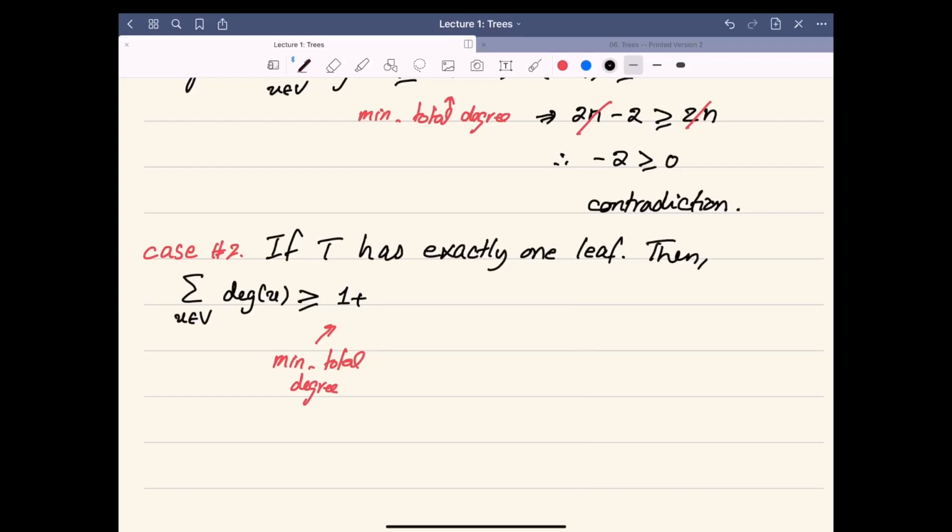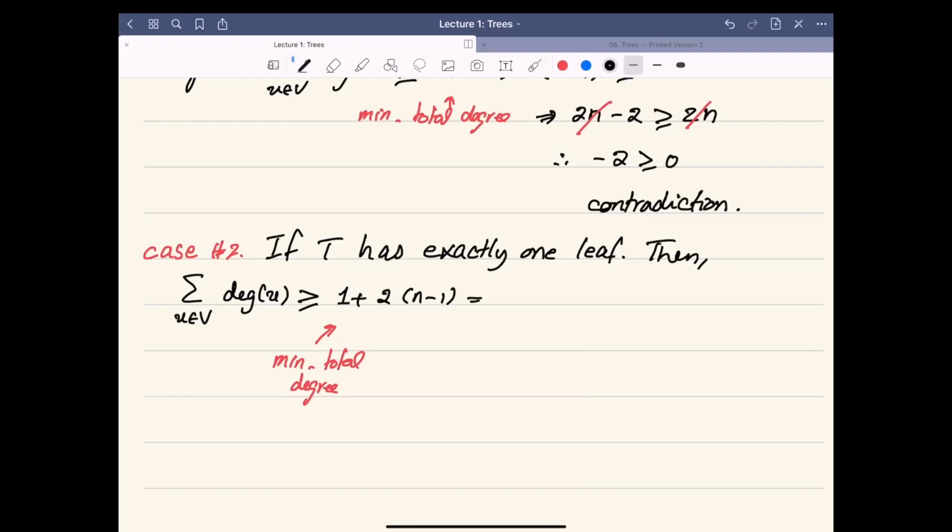So the minimum will be now one vertex of degree 1, and now the remaining vertices, and how to represent the remaining vertices, n minus 1, because if the number of vertices is n, you take out this leaf, so n minus 1. If minimum, all of them are degree 2.